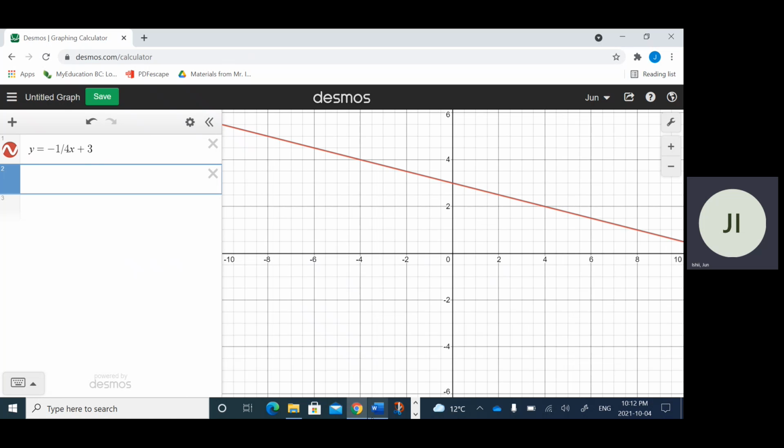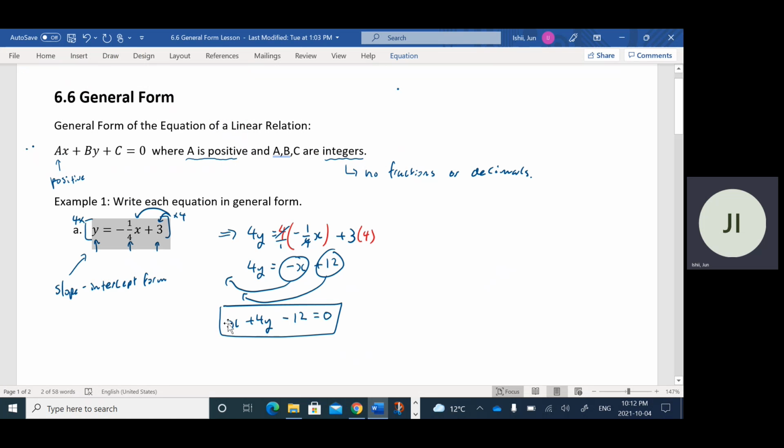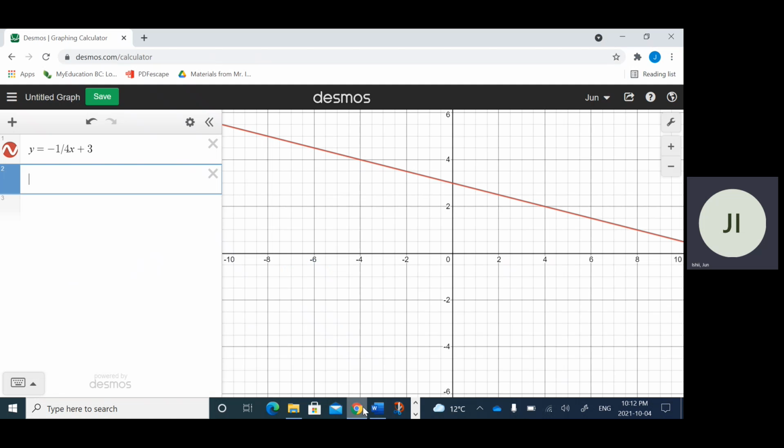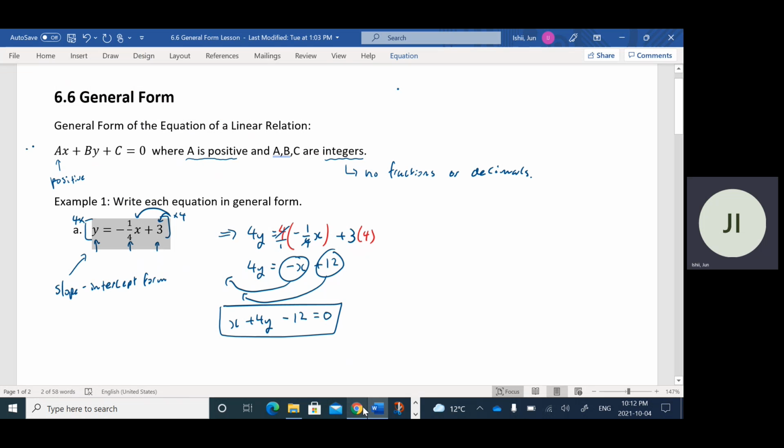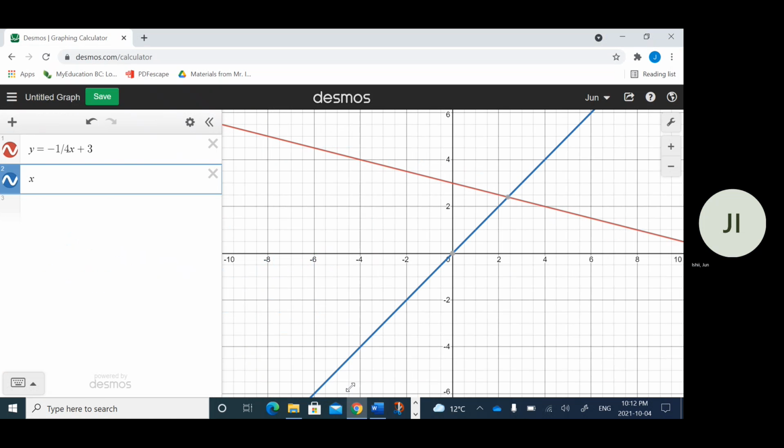Theoretically, if I punch in the equation that we found, x plus 4y minus 12 equals 0, since it is supposed to be the same line, it should overlap the one that we have here. So x plus 4y minus 12 equals 0.